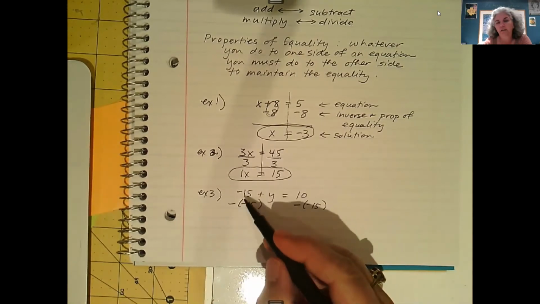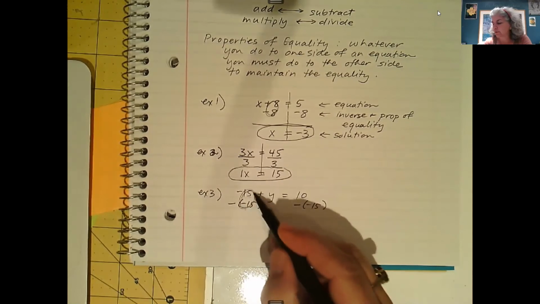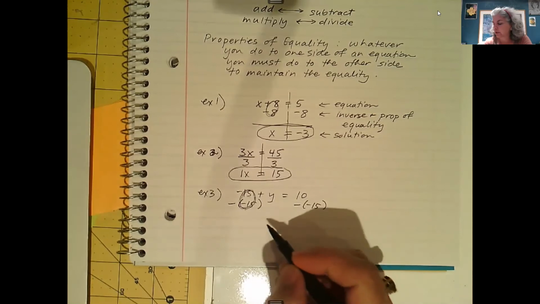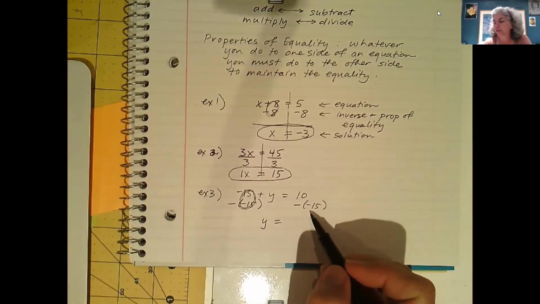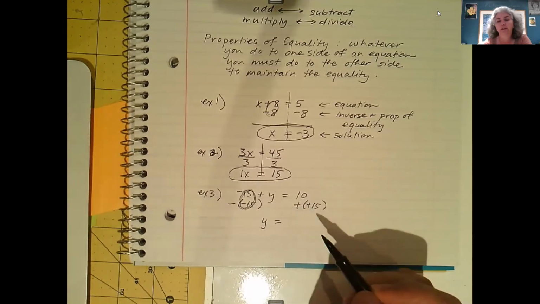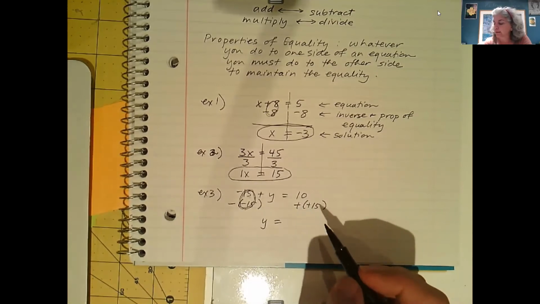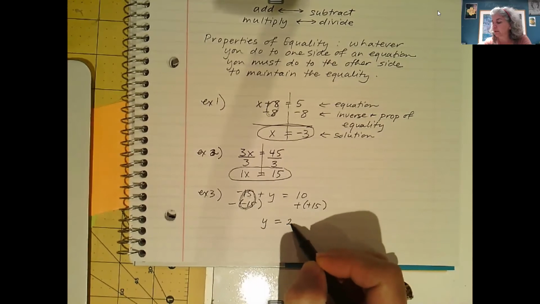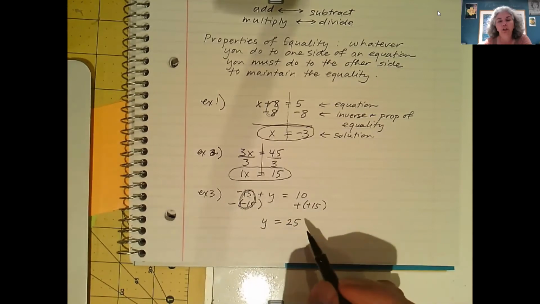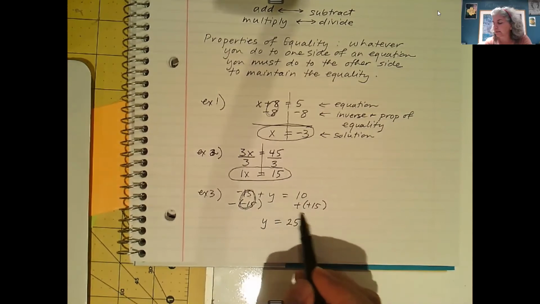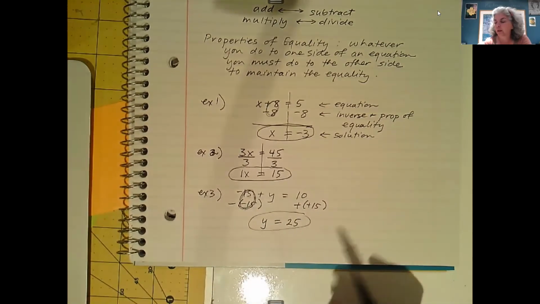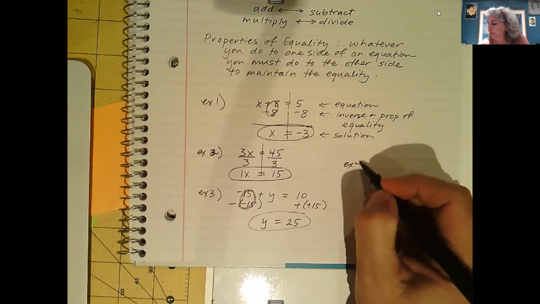So adding a -15 and subtracting a -15, those cancel each other out, which gives me y equals 10 minus a -15, which is the same as adding 15. Minus a negative means adding, and so I get 25. And you can check: is -15 plus 25 equal to 10? Yes, it is.